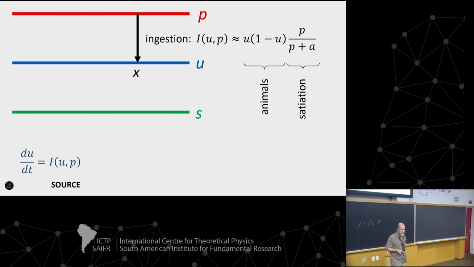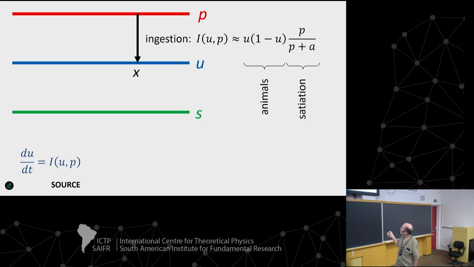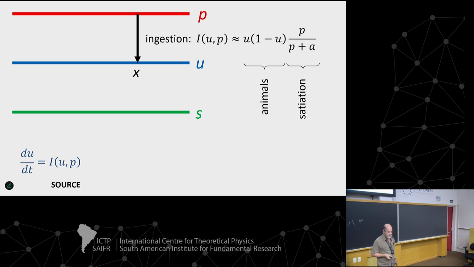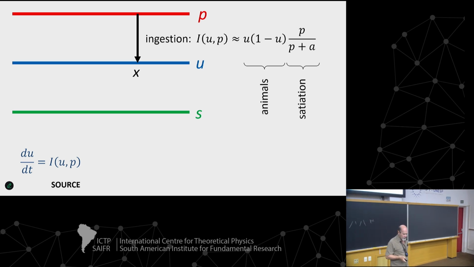And the dependence on P can be just a parameter if there is enough availability of seeds in the plants, but there can be a kind of satiation also, like here. So it's linear for small availability of seeds in plants, with a satiation, like the behavior of the animals that eat them. So this is the source.